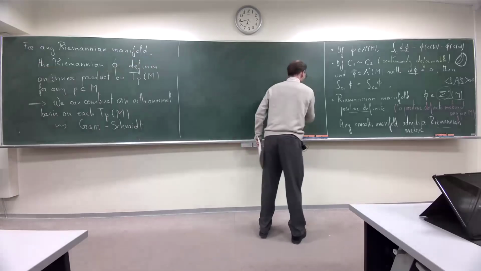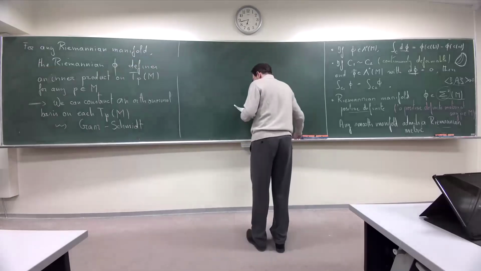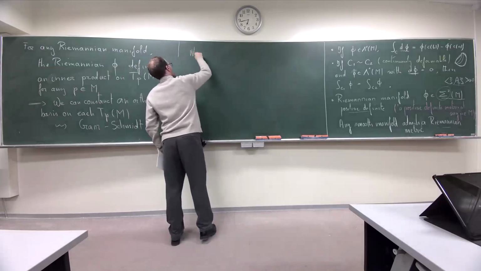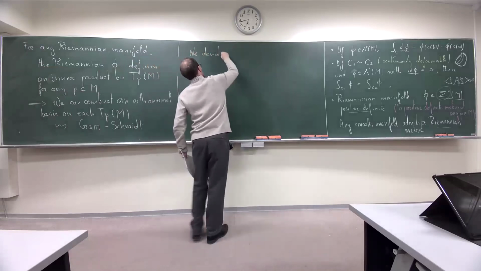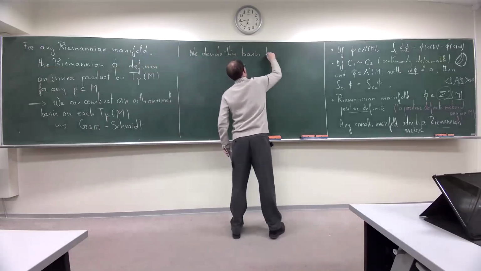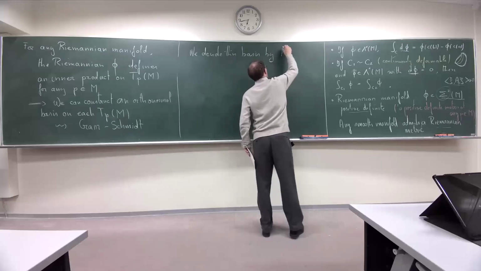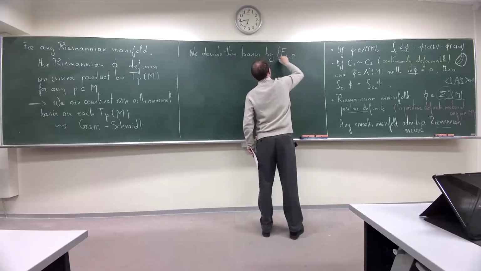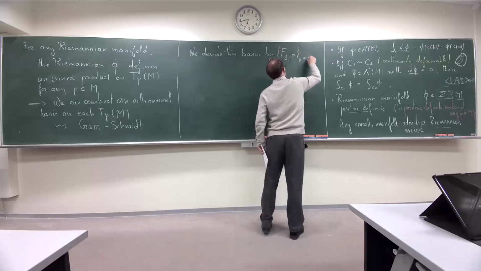I will not use it so often, but we denote this basis by f_j(p), from 1 up to m.